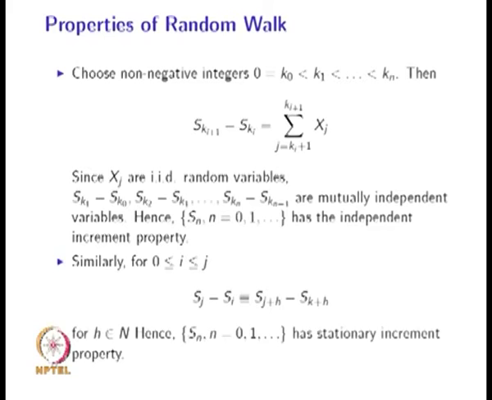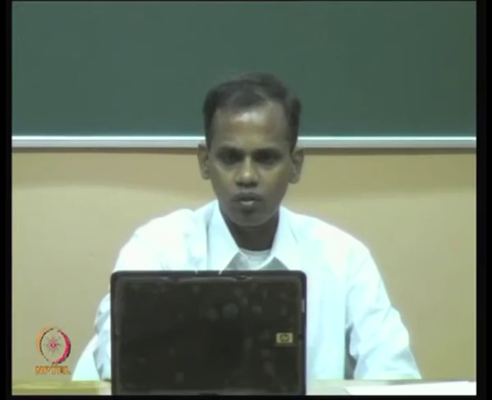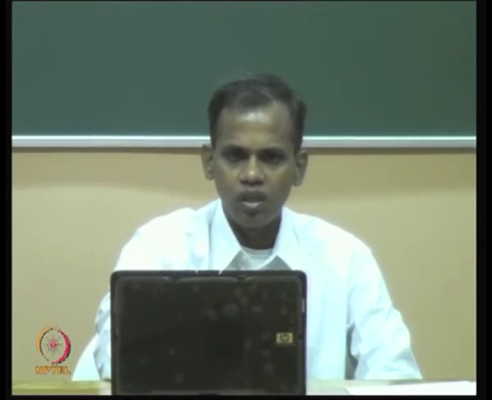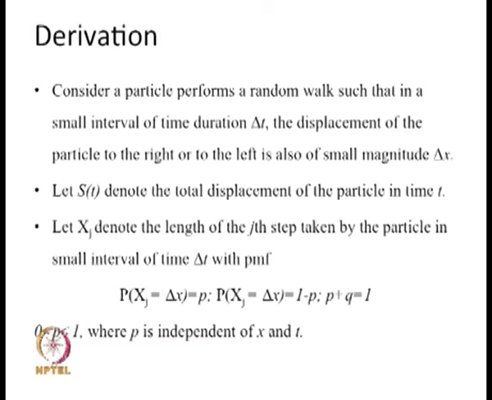Now we are going to derive the Brownian motion using random walk. Consider a particle performs a random walk such that in a small interval of time of duration delta t, the displacement of the particle to the right or to the left is also of small magnitude delta x.